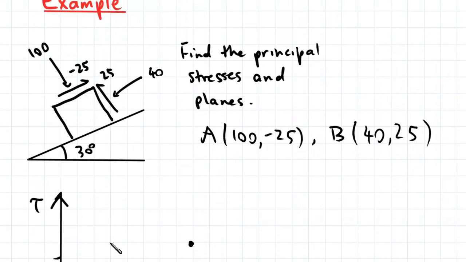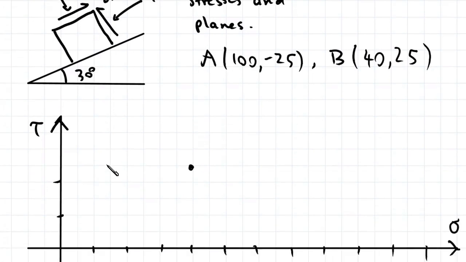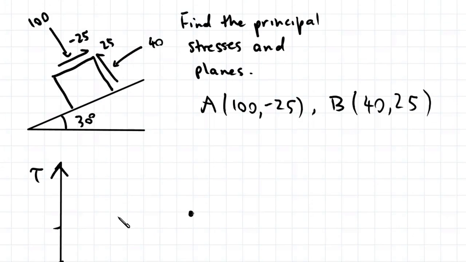Now what's interesting to note is that because these normal stresses are acting perpendicularly, this actually means that they're on opposite ends of the Mohr circle. Recall from a couple of videos back where I talked about that circle geometry property. So essentially, whatever the angle is in real life, it gets doubled in the Mohr circle when you measure from the center.